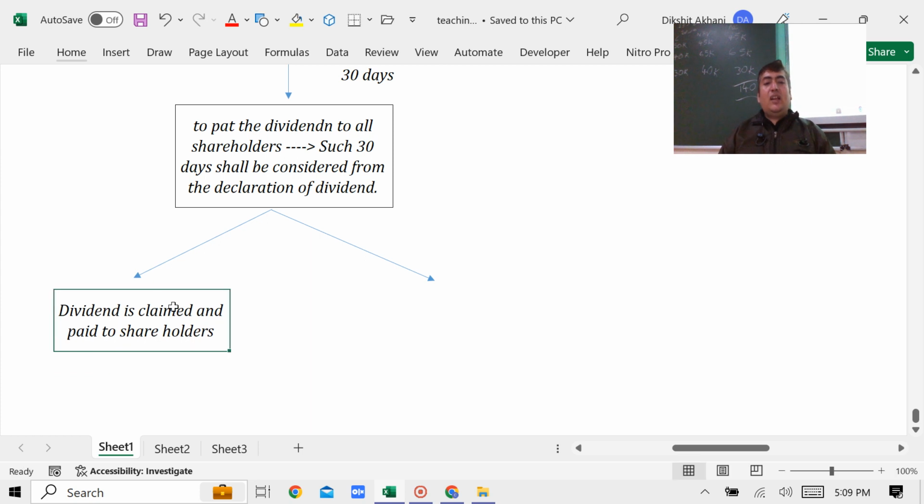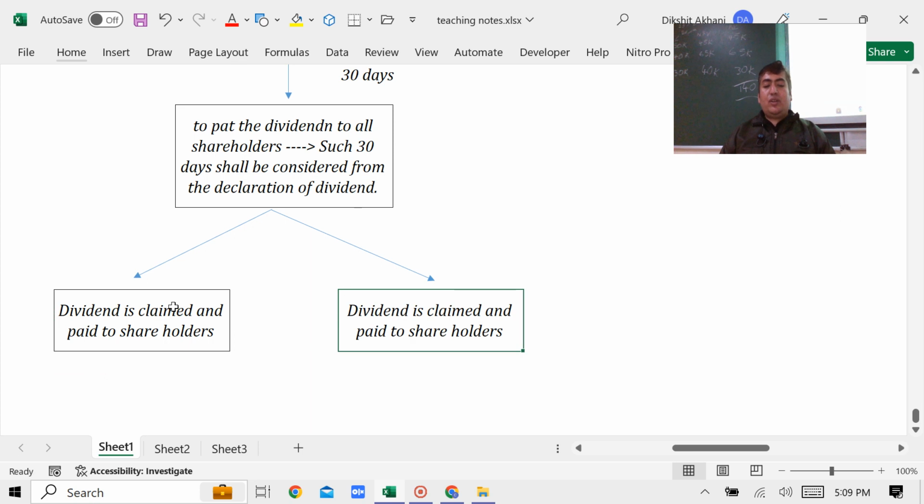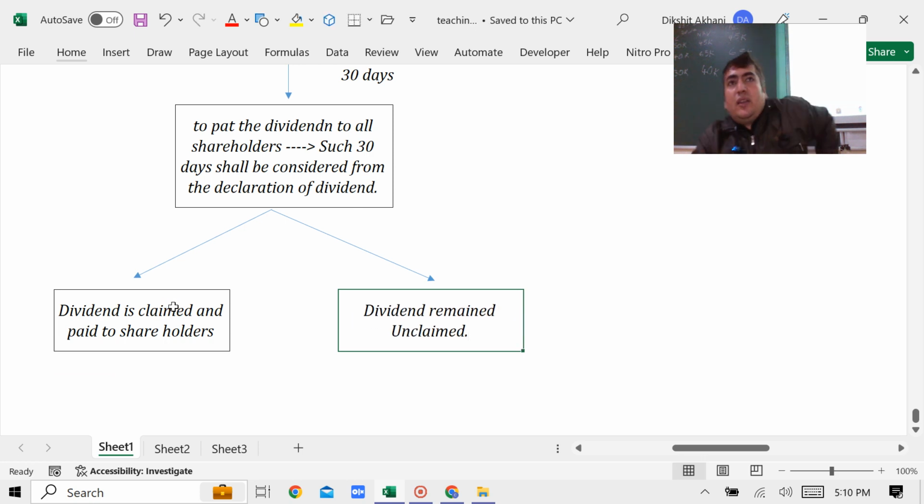And the second thing is it is not claimed by the shareholders. Dividend remained unclaimed. Claimed means you receive the cheque, you confirm that yes, this is my money, I am not receiving on behalf of anybody else.